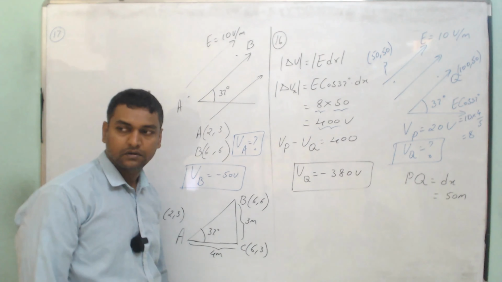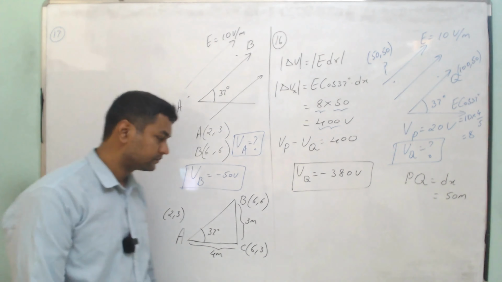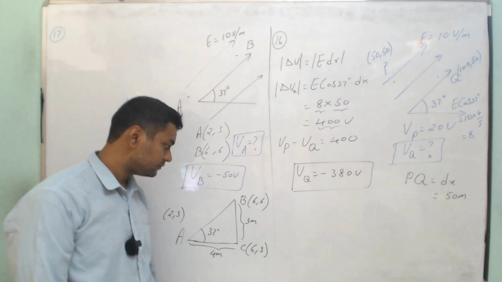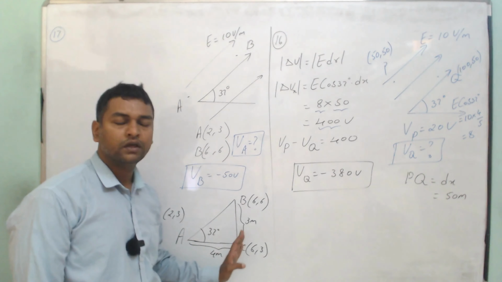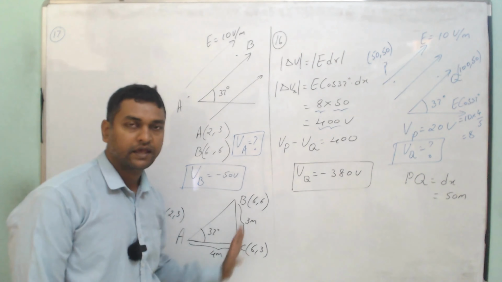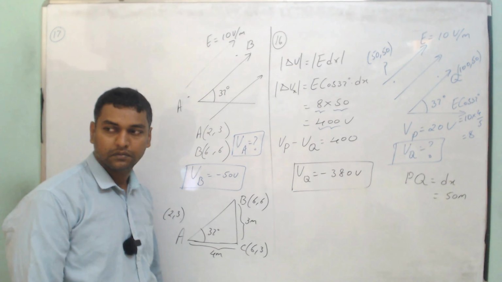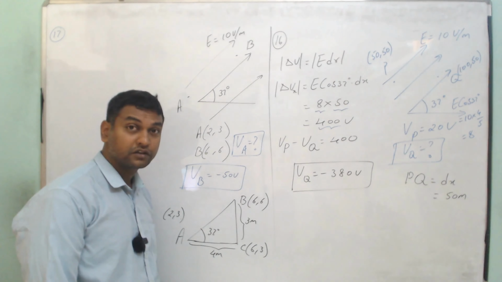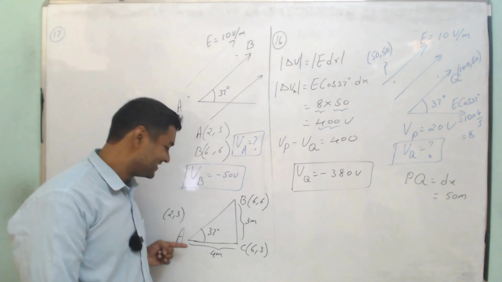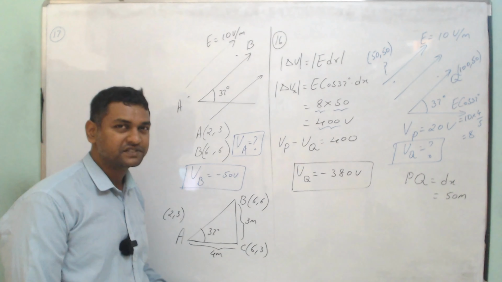Won't it be 2, 6? While going along the y-axis, the x coordinate should be the same. While going along the x-axis, the y coordinate should be the same.